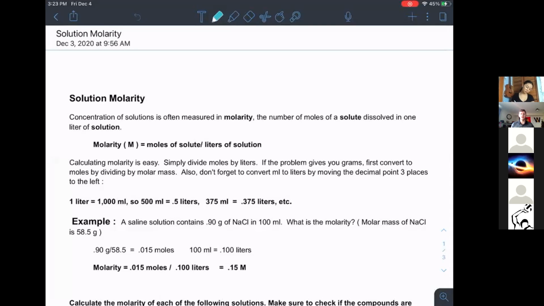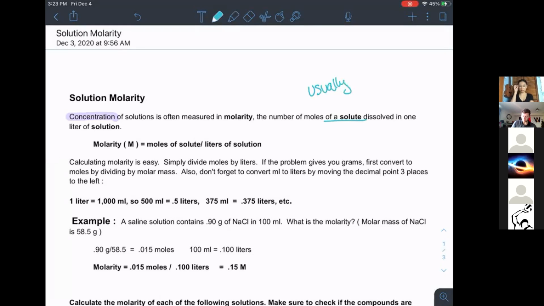Molarity is really a concentration of a solution: the number of moles of the solute, usually our solid, dissolved in 1 liter of solution.